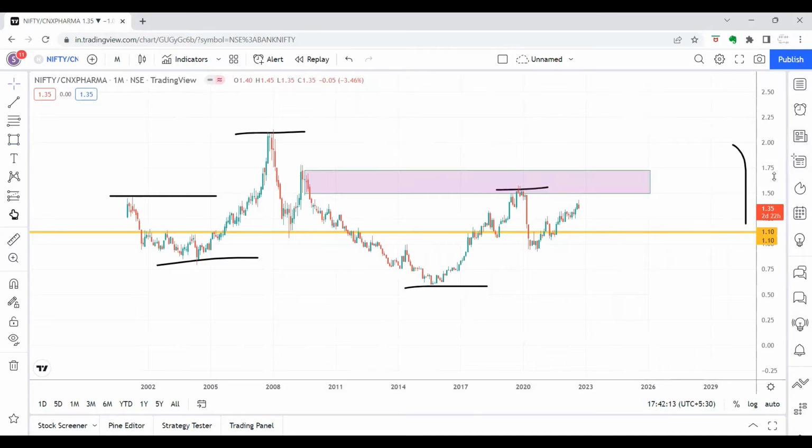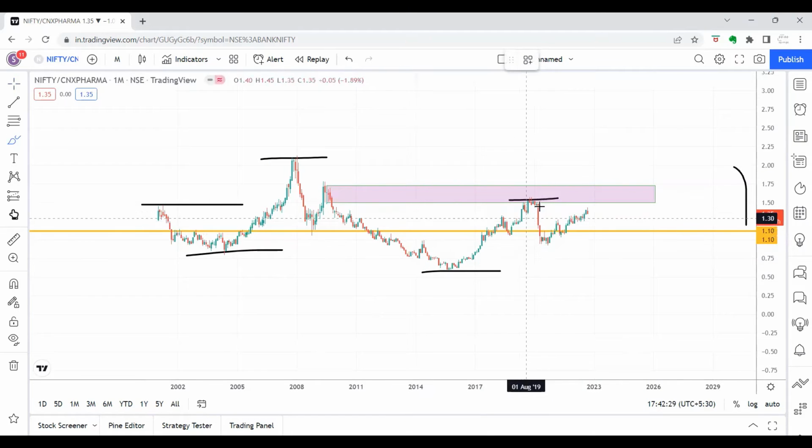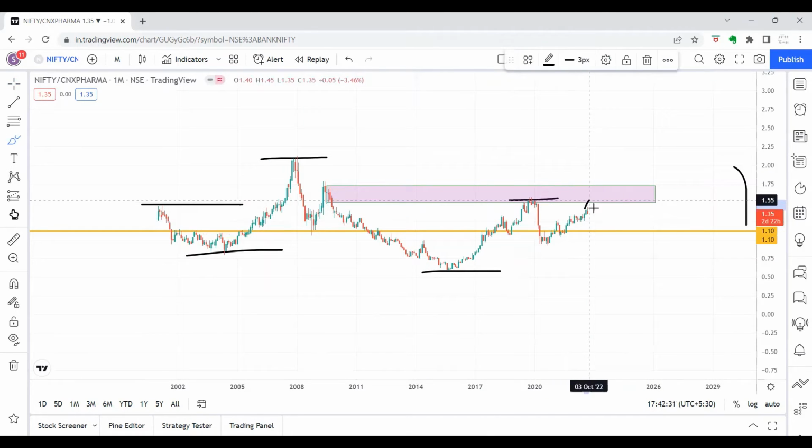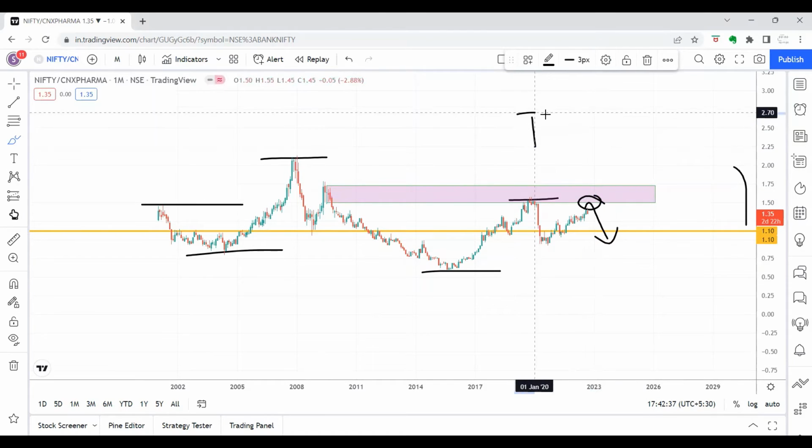So this is the important zone. According to my analysis, we can expect a fall from this zone. So if you are expecting a fall from this zone, you can select stocks from the pharma sector which are very weak. I will tell you how to select stocks from the pharma sector also.